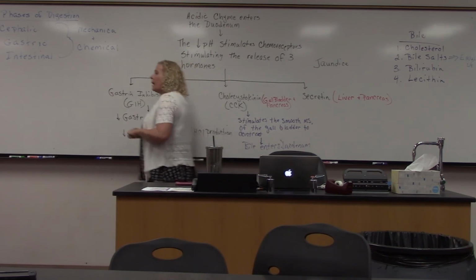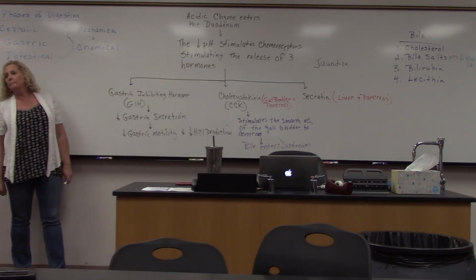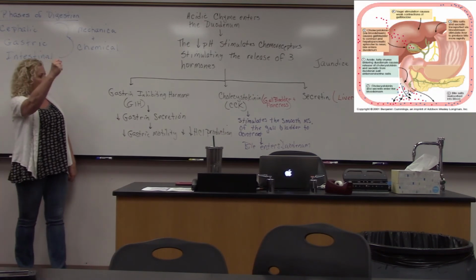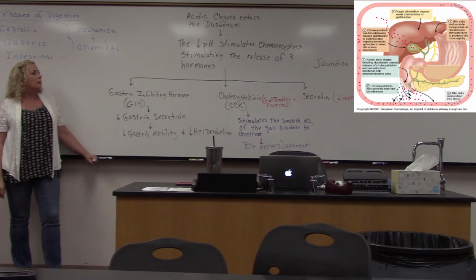Okay, so cholecystokinin is going to stimulate the smooth muscle of the gallbladder and cause it to contract, which squeezes all that bile out, and the bile enters into the duodenum.